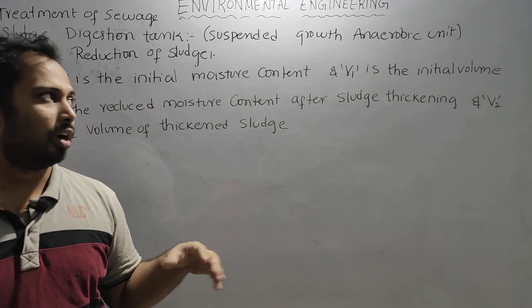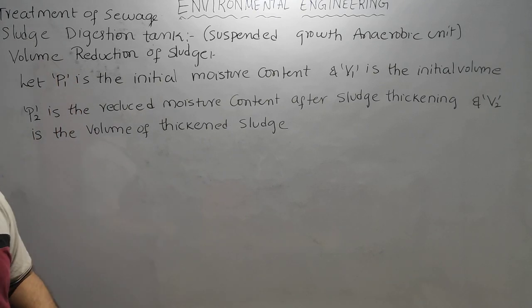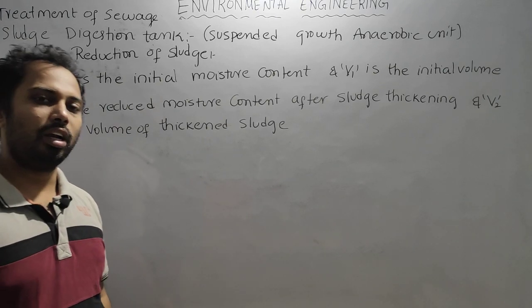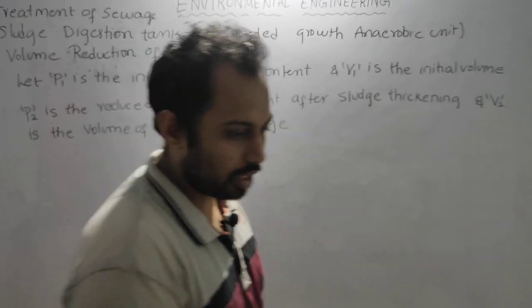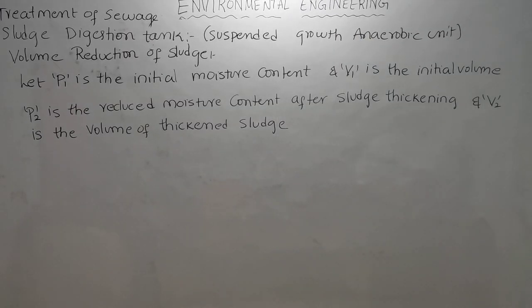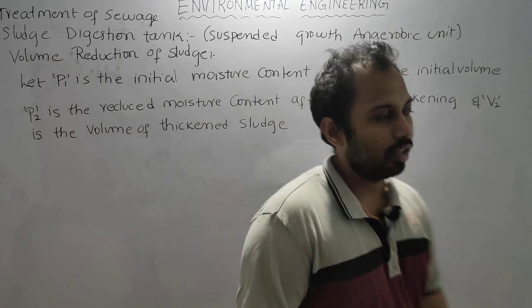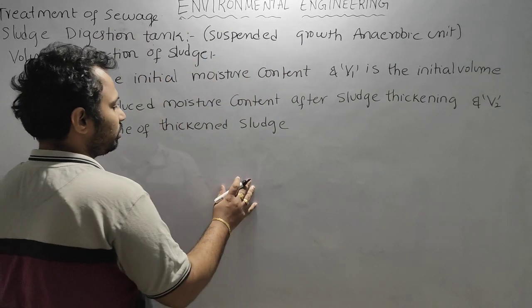The organic matter present acts like volatile solids, and these volatile solids get removed inside the digester. But any volatile solids that are not removed will be sent out in the effluent of the sludge digestion tank.